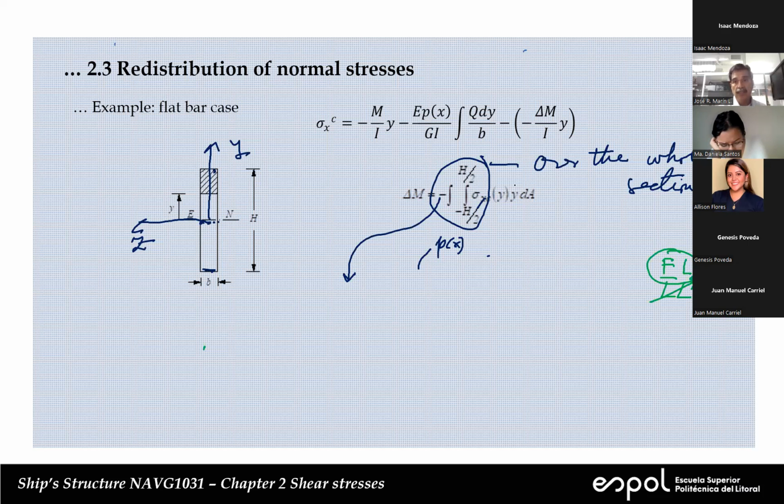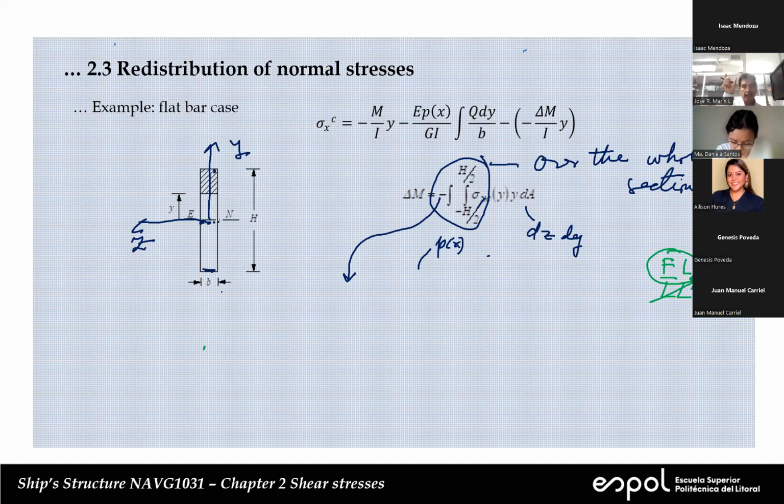That's why in here you see that there is no dependence on z. So this here is dA equal to dz dy, and the integration of z will give us b, which is this dimension here. Why? Because we assume that the thickness is small and the variation of the stress in the thickness is negligible.